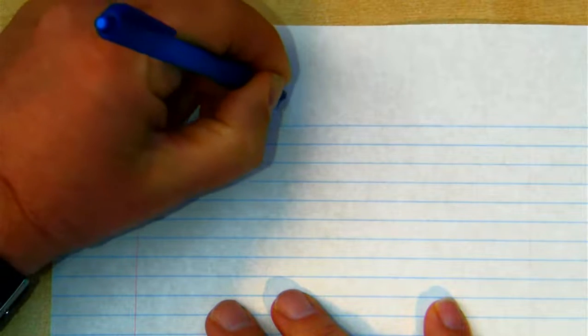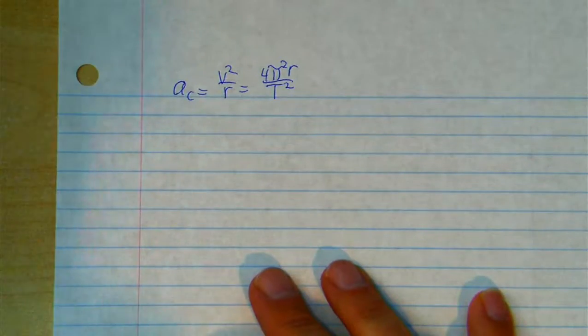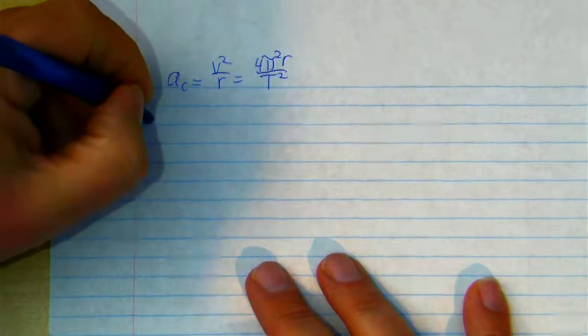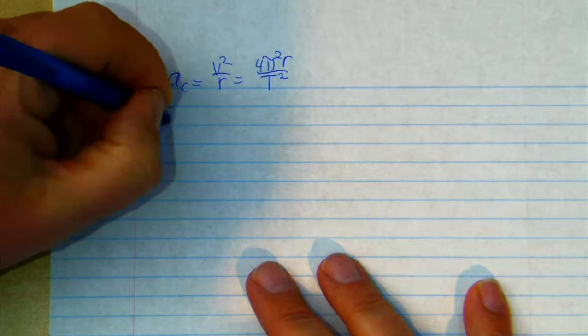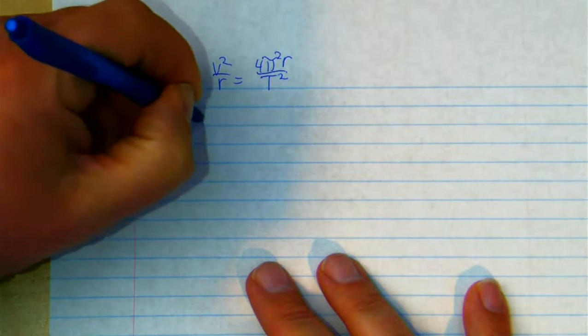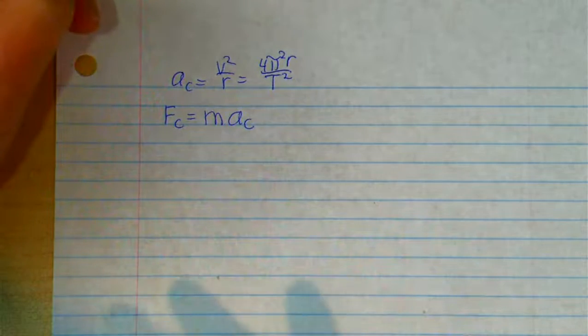All right, well, so much for that review. It said centripetal acceleration is equal to v squared divided by r, or 4 pi squared r divided by T squared. The other review that we're trying to do is to calculate the centripetal force. The centripetal force is mass times the centripetal acceleration.